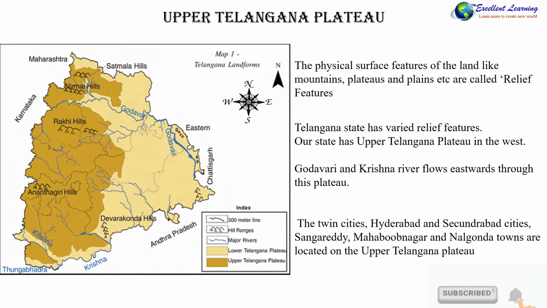It means the Upper Telangana Plateau is located in the west, and the river Krishna and the river Godavari flow eastwards through this plateau, as well as the twin cities like Hyderabad and Secunderabad, and Sangareddy, Mahabubnagar and Nalgonda towns are located on the Upper Telangana Plateau.